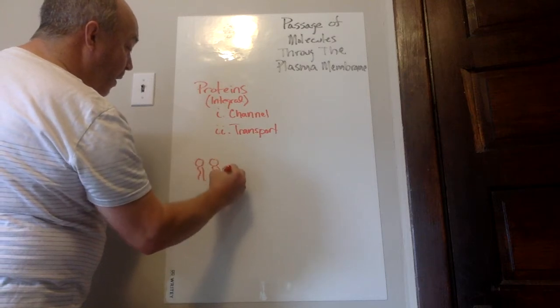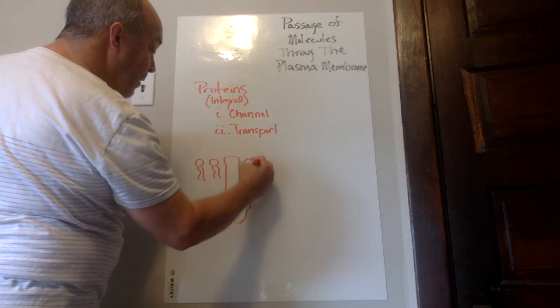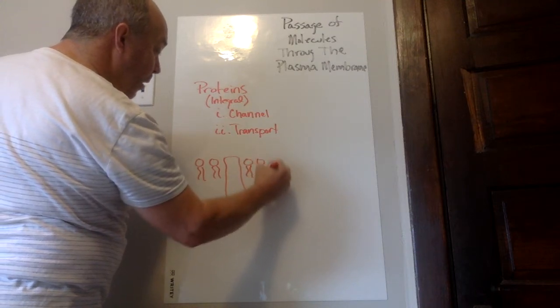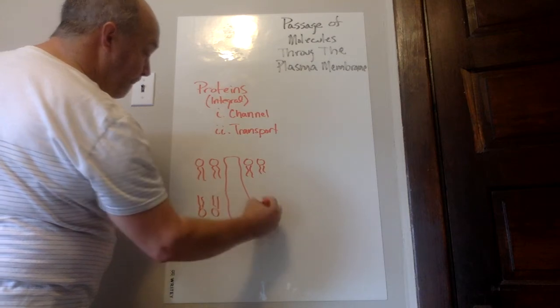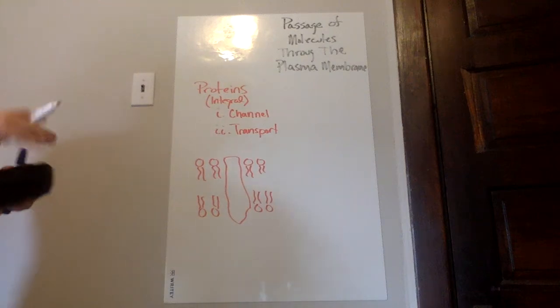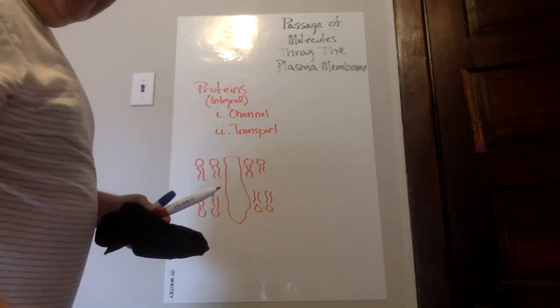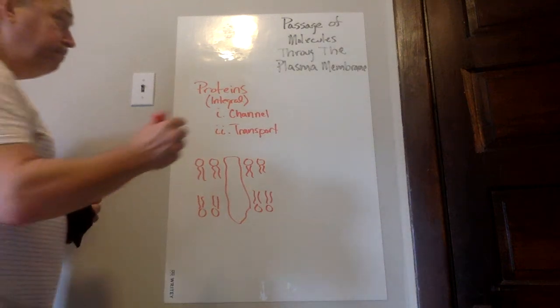So here's our phospholipid bilayer. Here's a protein going the entire distance. Let's make the other half. So there are going to be two major ways that we're going to move things in and out of those proteins.